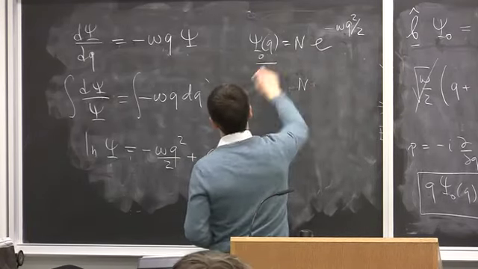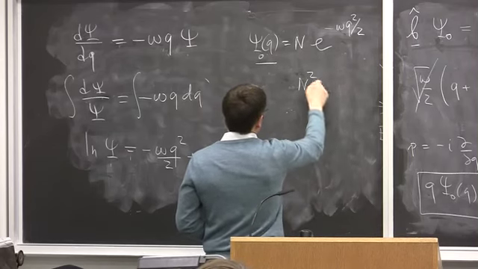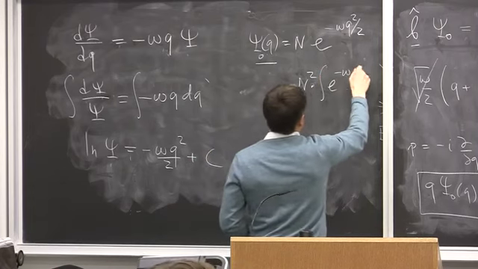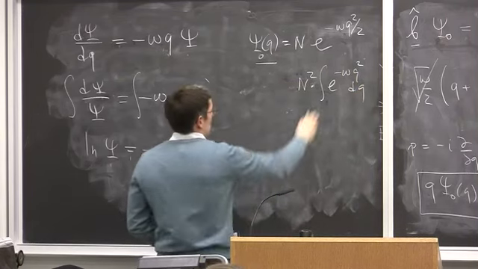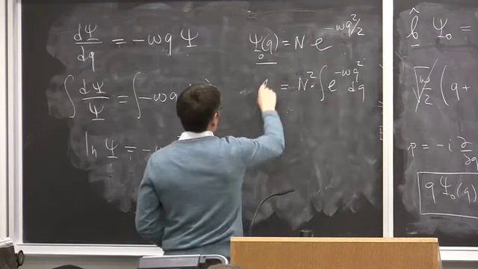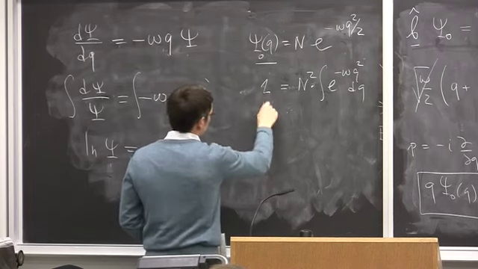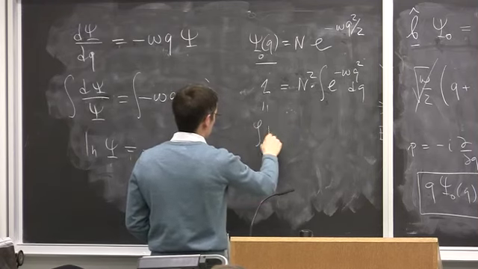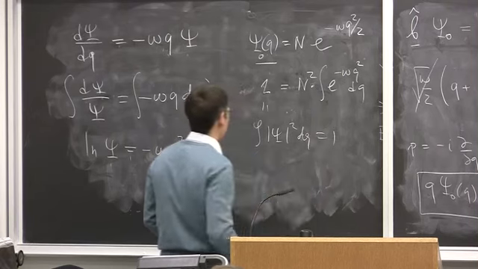Because our function must be normalized. So N squared times the integral of the exponent of minus omega Q squared dq, it's the square of the function, this thing must be 1, because, well, we've done very well on the midterm, right? So everyone got this. It must be 1, right?